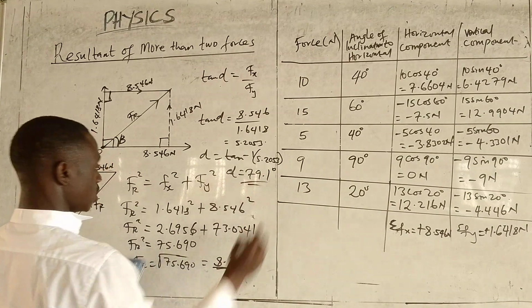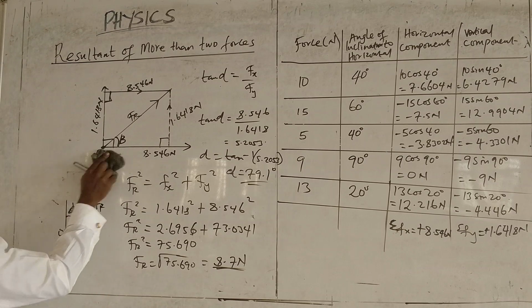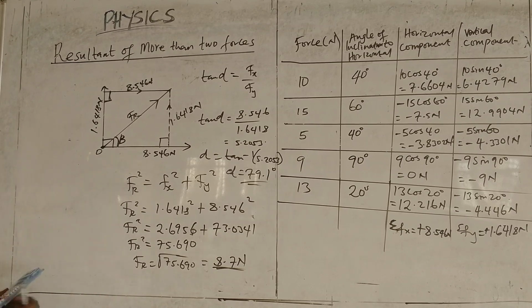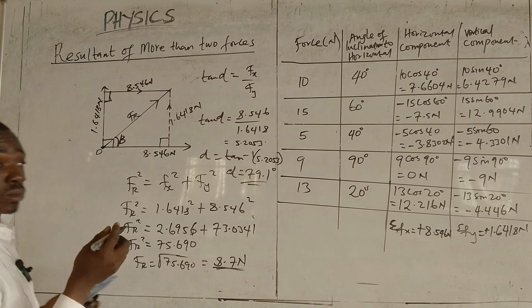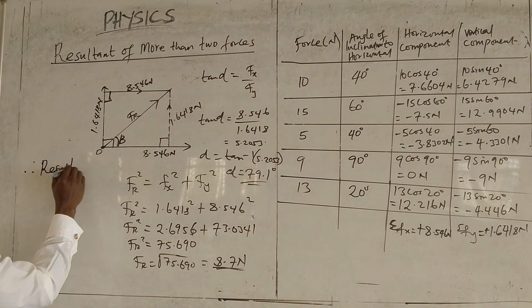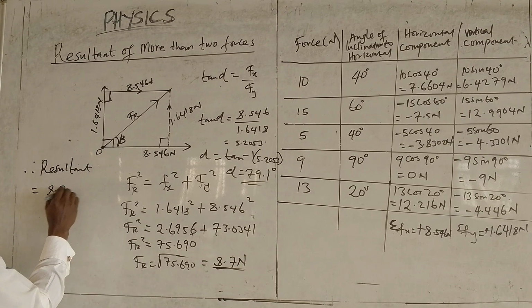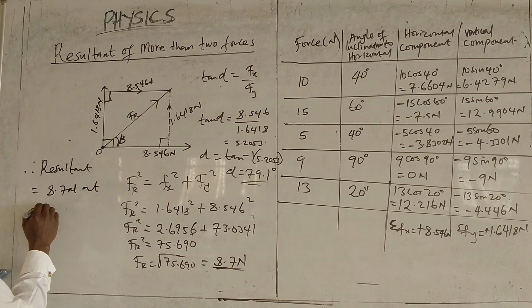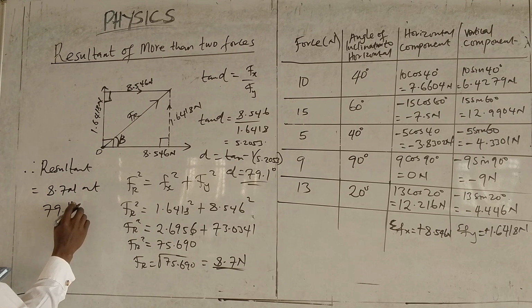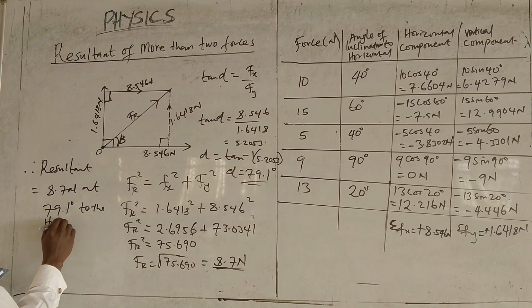Now, you can draw your conclusion and say, therefore, the resultant has a magnitude of 8.7 Newton at an angle of 79.1 degrees to the vertical.